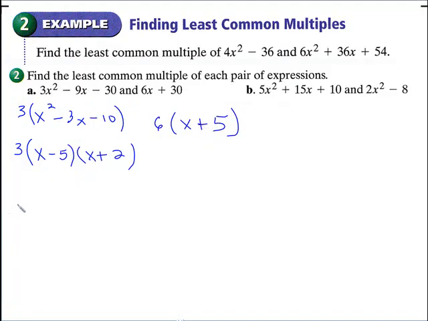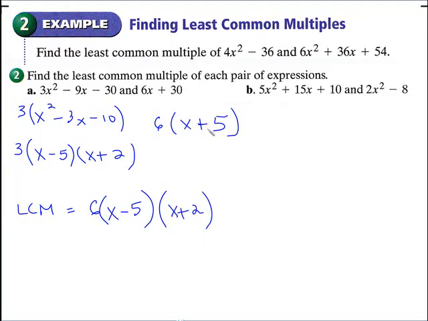So our LCM in this case, we're looking at this right here. Let's take a look at the 3 and the 6. The least common is going to be 6. That would be a common denominator for 3 and 6. And then x minus 5, this one doesn't have an x minus 5, so just put x minus 5. X plus 2, this one does have an x plus 2, so put an x plus 2.